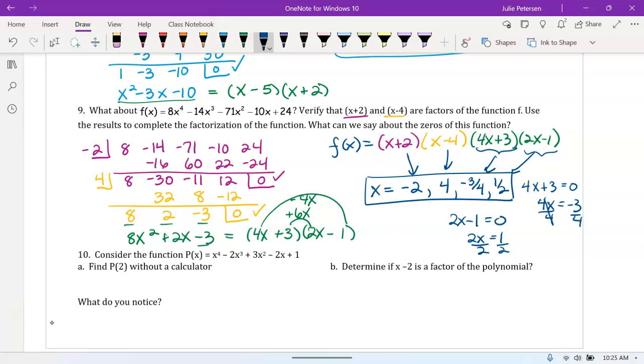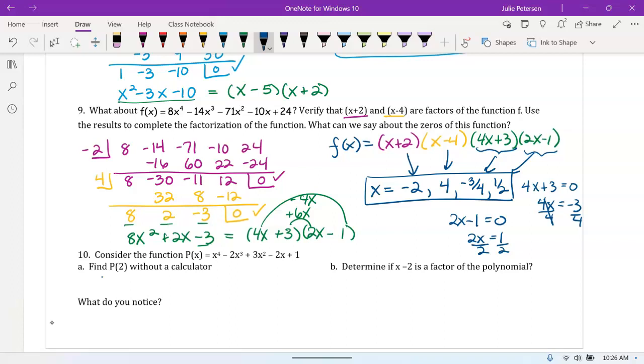All right, the last thing we're going to take a look at are these two problems. It's another application for synthetic division, or kind of another way of thinking about it. It says, consider the function p of x equals x to the 4th minus 2x cubed plus 3x squared minus 2x plus 1. Find p of 2 without a calculator. If we're finding p of 2, that means we're plugging in 2 for x.